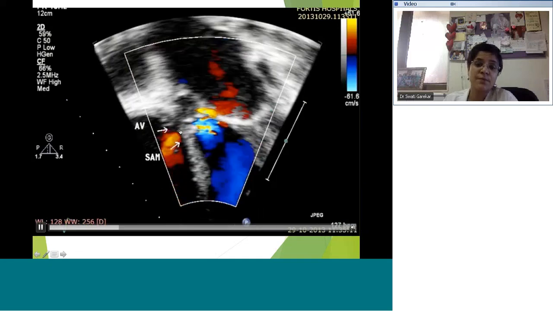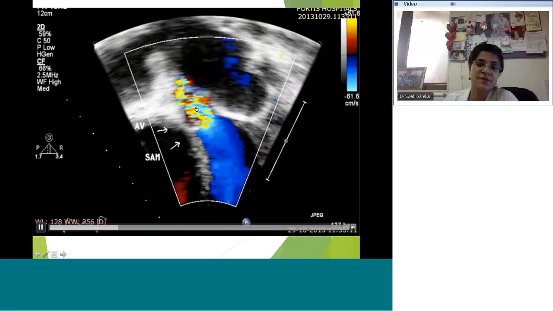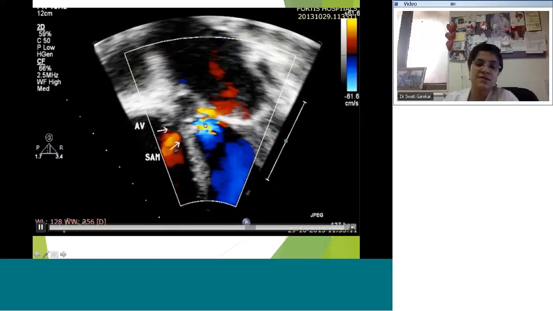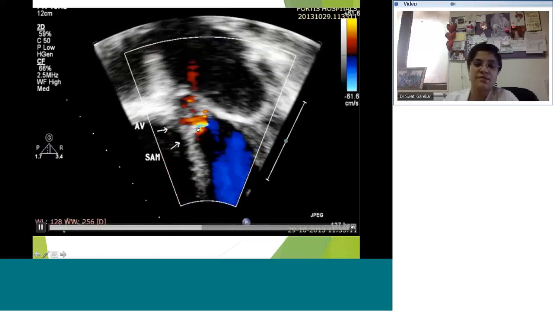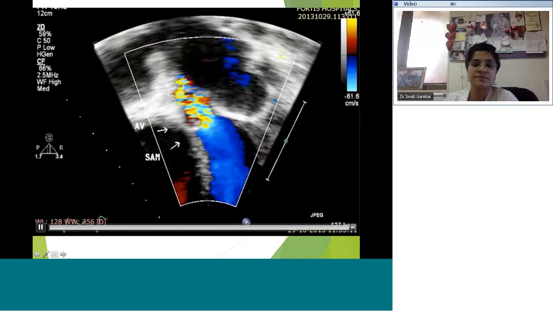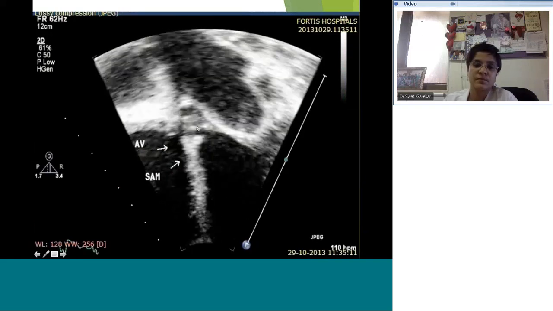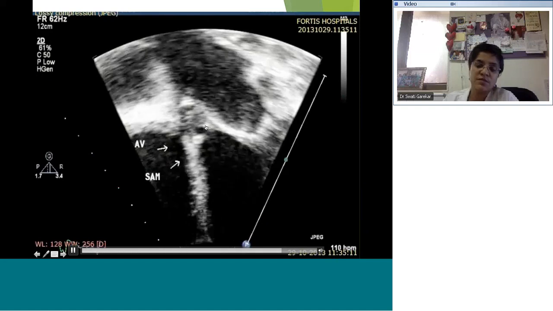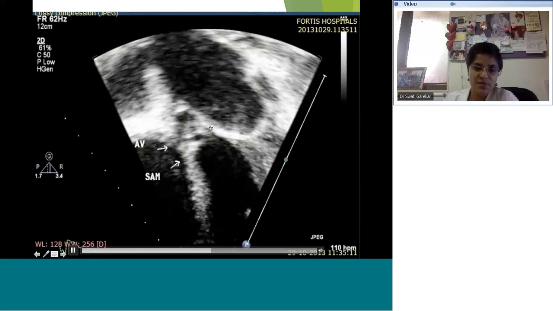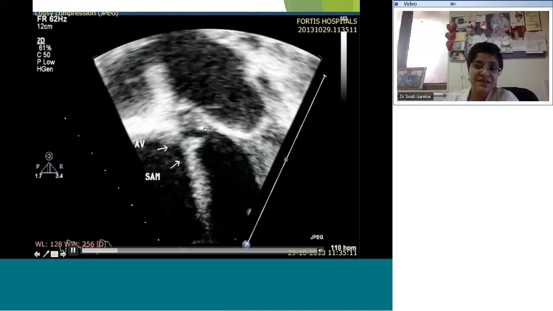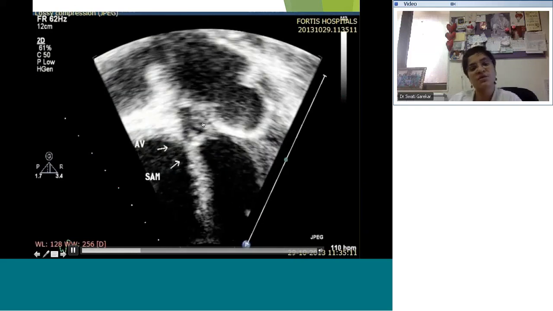So this is a case of a subaortic membrane. That's the aortic valve cusp there. Below the cusp, or you say proximal to the cusp, is actually a membrane, a subaortic membrane. On the medial side, which means towards the mitral valve, it does appear that the membrane is closer to the aortic cusp.